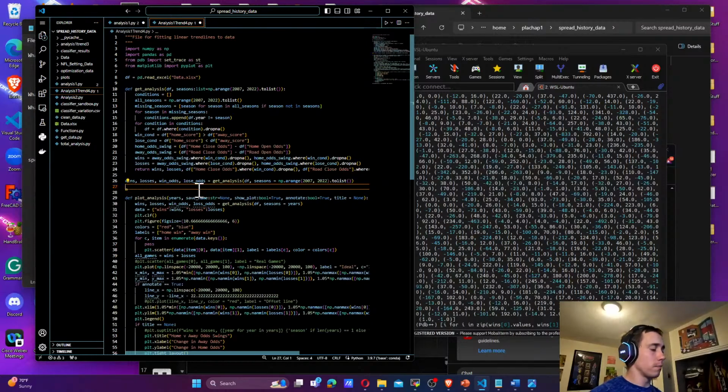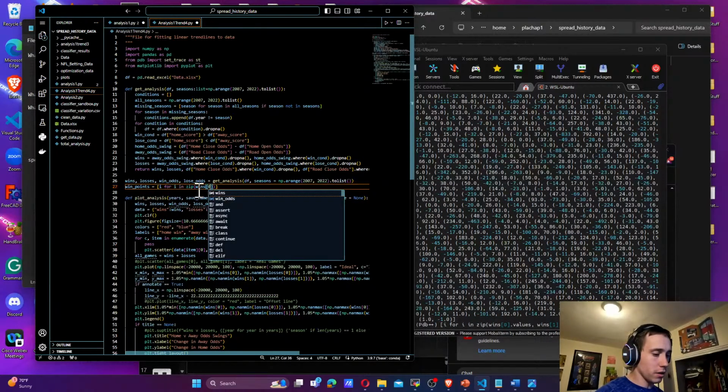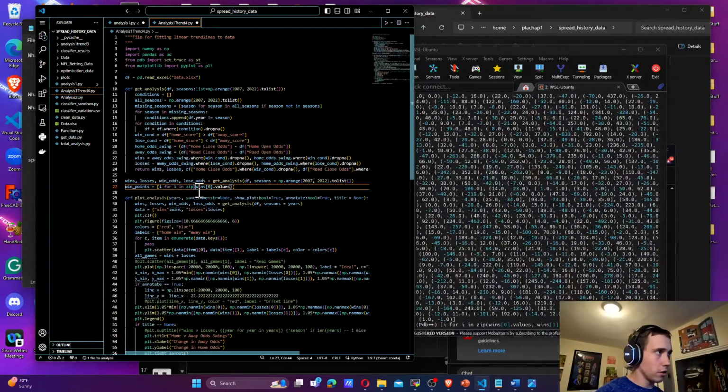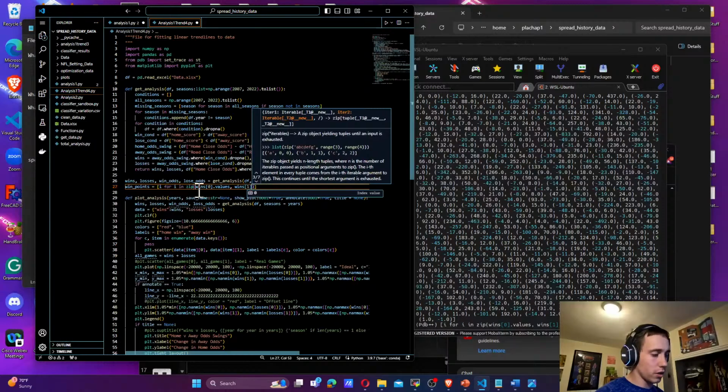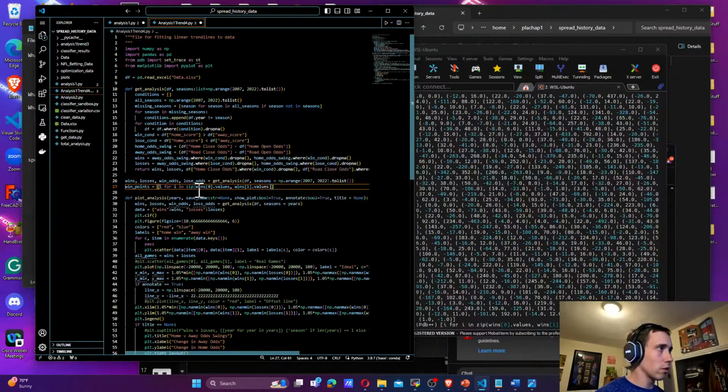Alright, so win points equals that: i for i in zip wins of 0 dot values, comma space, wins of 1 dot values. Alright, and then those are win points.